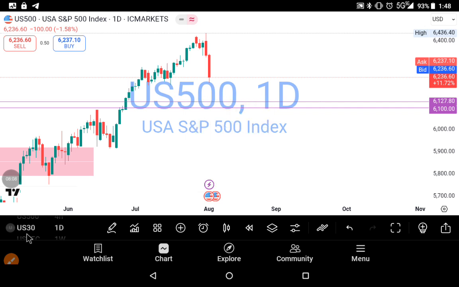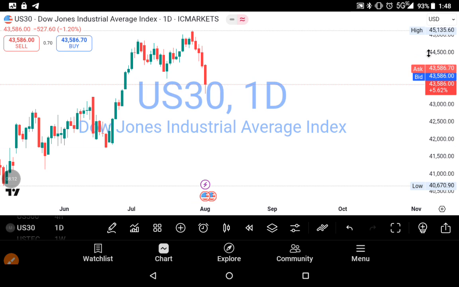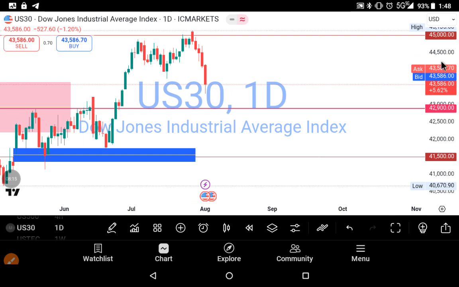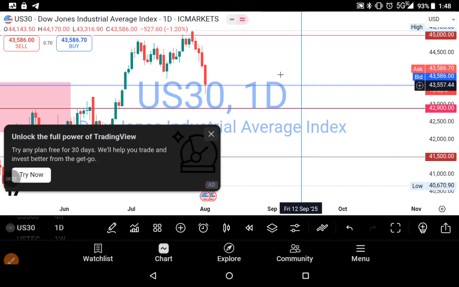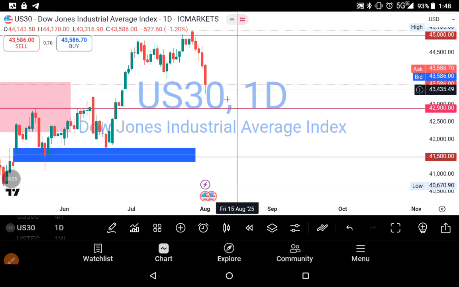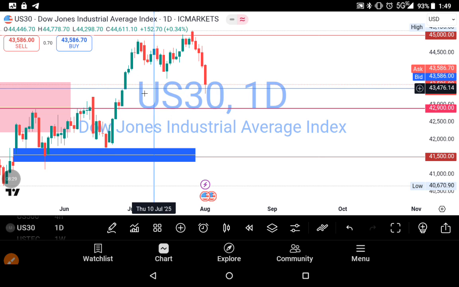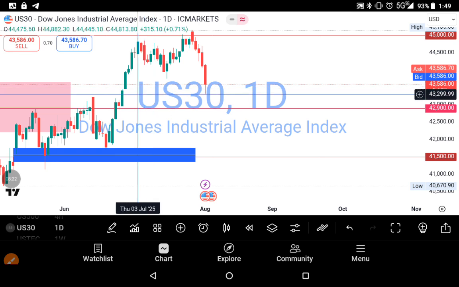Then Dow futures. The coming week, the level 45,000 has been taken already. So as long as the market price stays below the 45,000 level, I will be interested in the market price visiting 43,000.